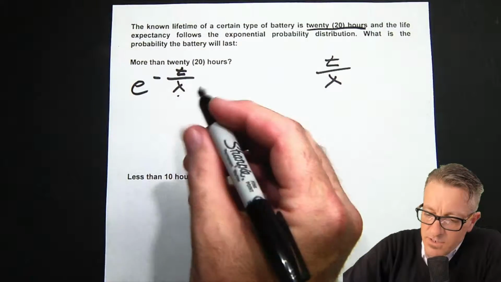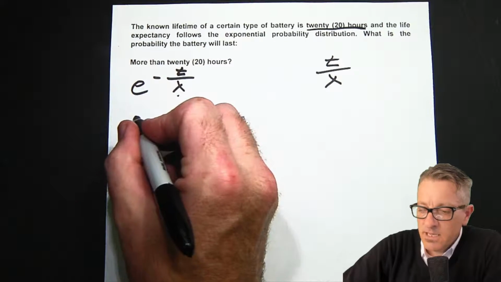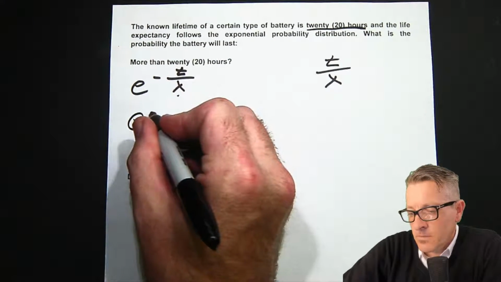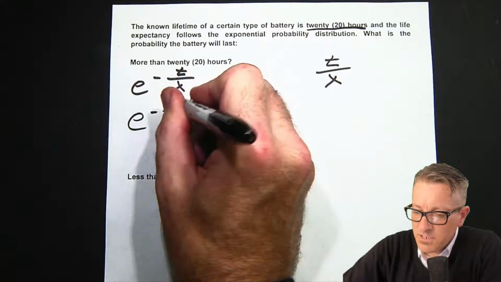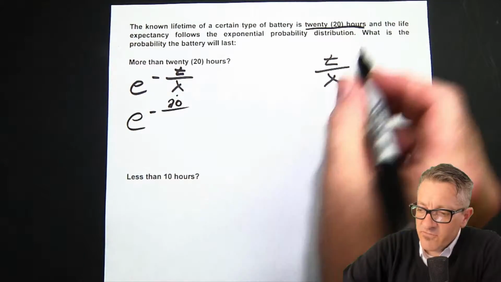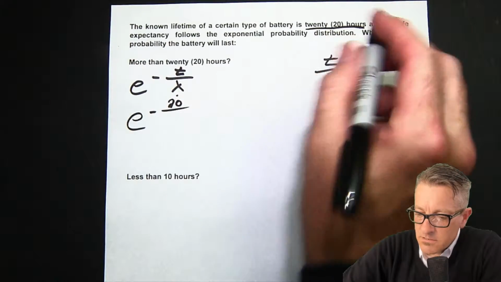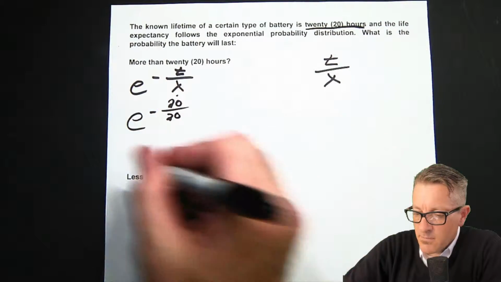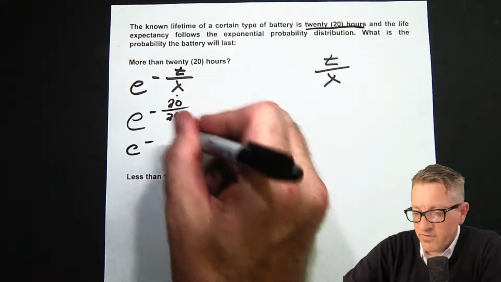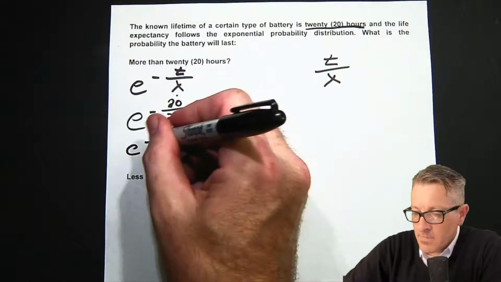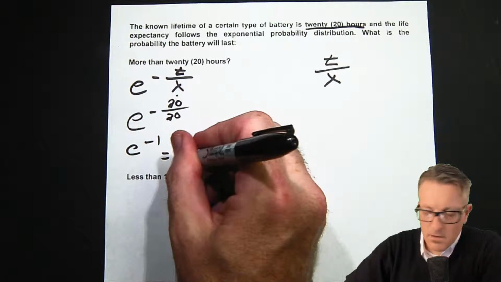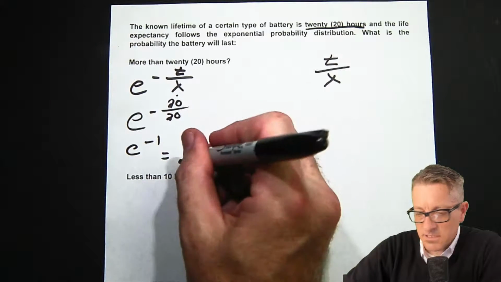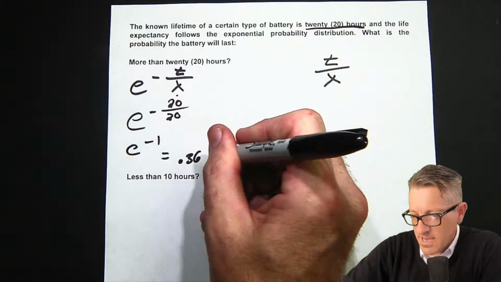So let's put in the numbers here. We have e negative, and our t is 20 hours, because it says 20 hours. For our lambda we put in 20 hours, and we end up with e to the negative 20 over 20, and if we divide that, that's 1. Our answer is 0.3678.